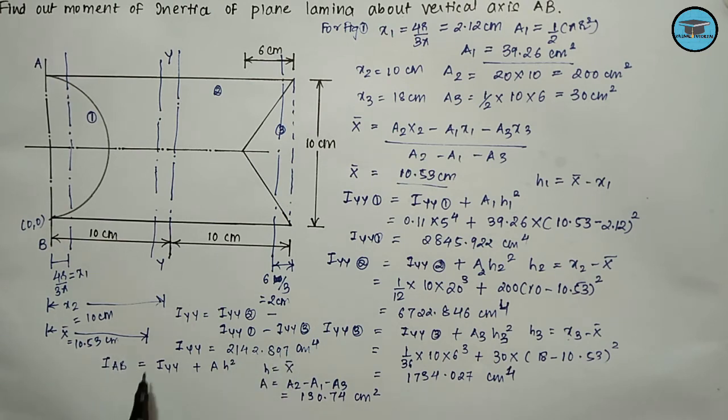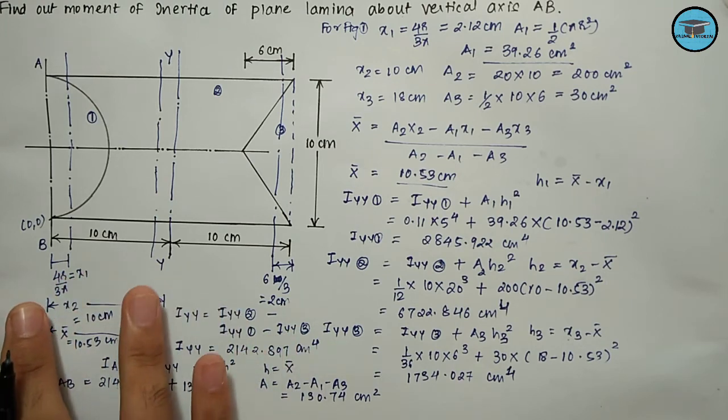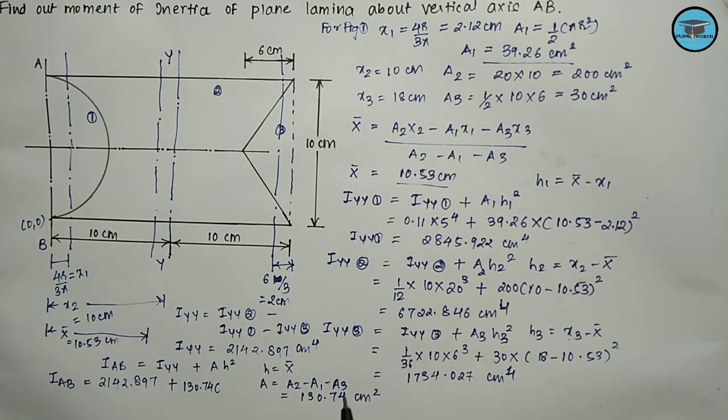So placing the values in this equation, we would be getting the value of IAB as 2142.897 plus area, that is 130.74, into the square of the distance between these two axes, that is nothing but x bar, and we have obtained x bar as 10.53, so 10.53 square.